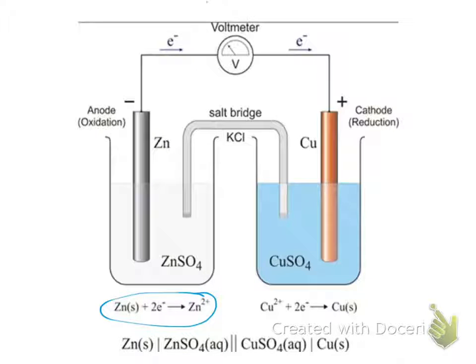Those 2 electrons go around here and then come over here, causing this to be reduced, and then the copper would plate onto the cathode. And of course if I was to take out the salt bridge, the reaction would cease happening because the salt bridge helps to balance out the ions.